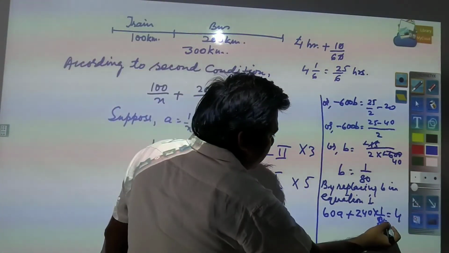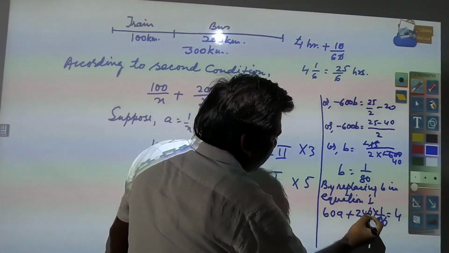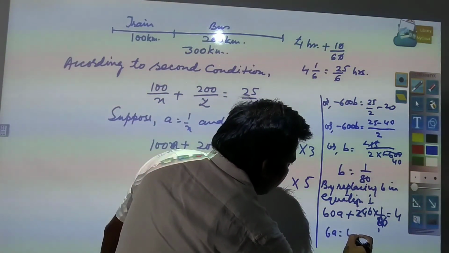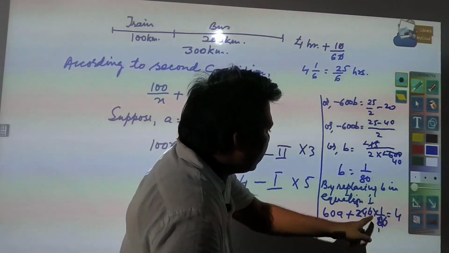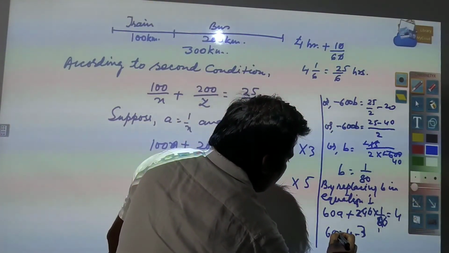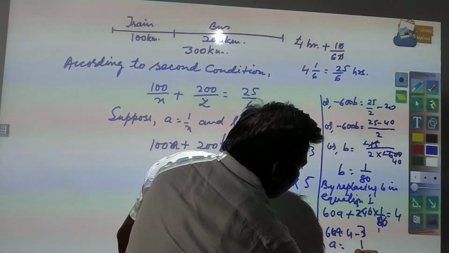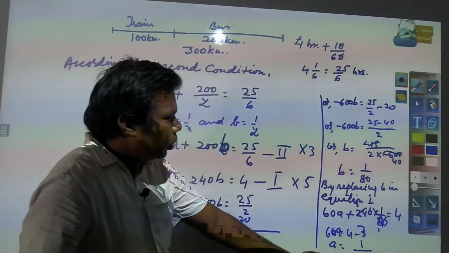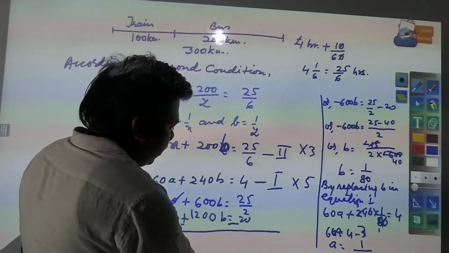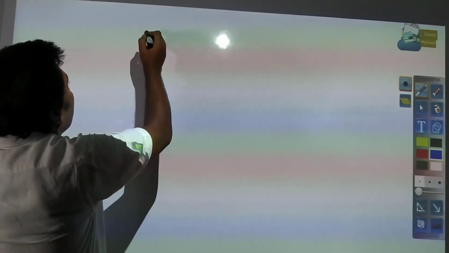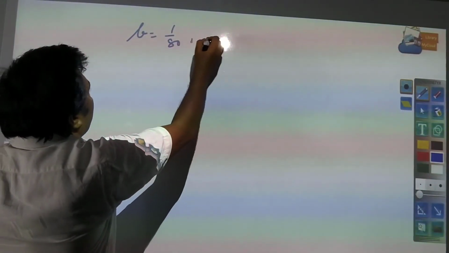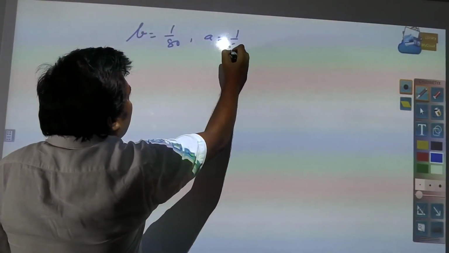Now you see this 0 and 0 will be cancelled, 8 3 is 24. So 60a will be equal to 4 minus 3, and a will be equal to 1 by 60. So you have got b is equal to 1 by 80 and a is equal to 1 by 60.